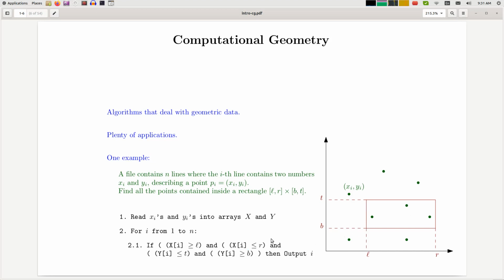The interesting part of this program is this condition, which is the logic of the program. Where does this logic come from? It comes from our geometric interpretation of what it means for a point to be inside a rectangle. We say that a point xi, yi is inside a rectangle if its x coordinate lies inside the boundaries of the rectangle, as well as its y coordinate.